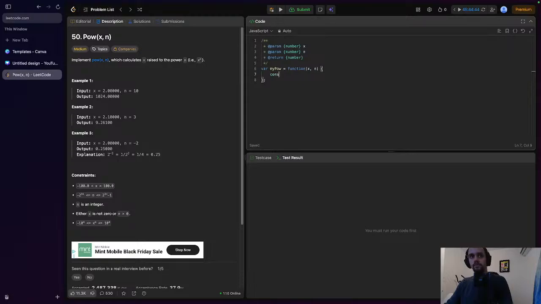So let power equal n, and we'll do while power, and we'll also do result equals 1.